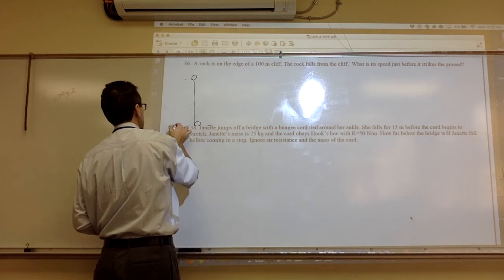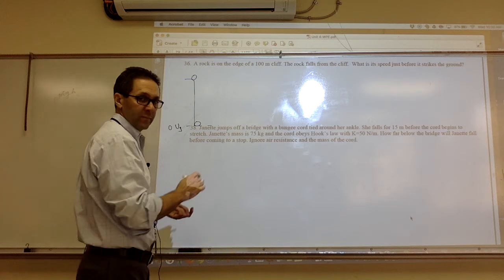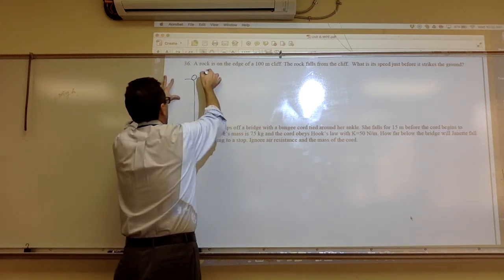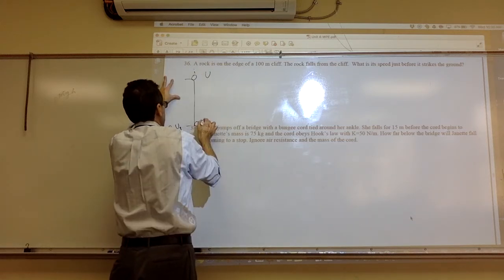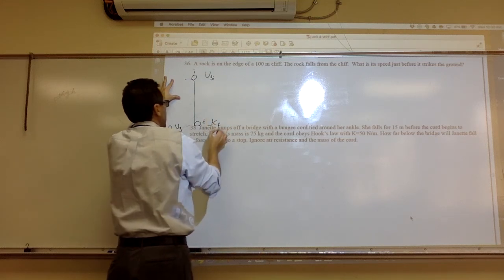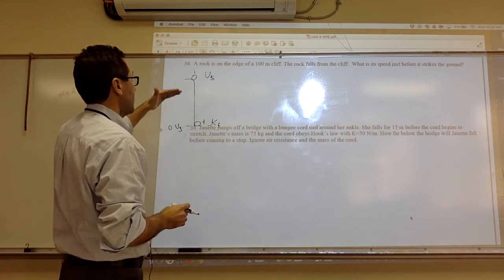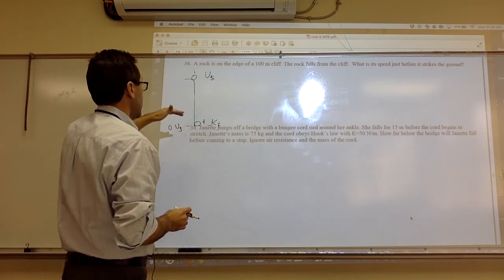So I'm going to use this as my reference for gravitational potential energy. When I'm up here, this is my initial state, this is my final state. I only have gravitational potential energy. Here I only have kinetic, and it doesn't say anything about friction, so we're going to assume a frictionless environment.